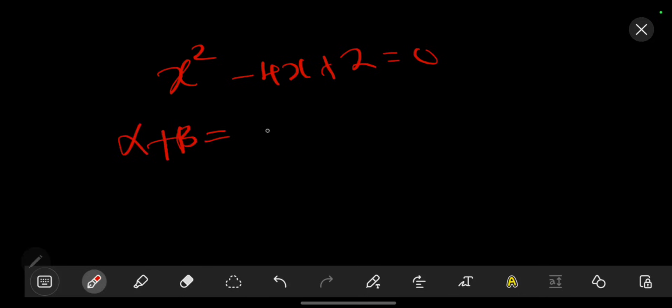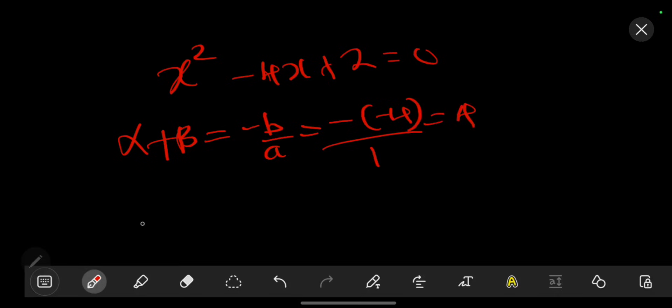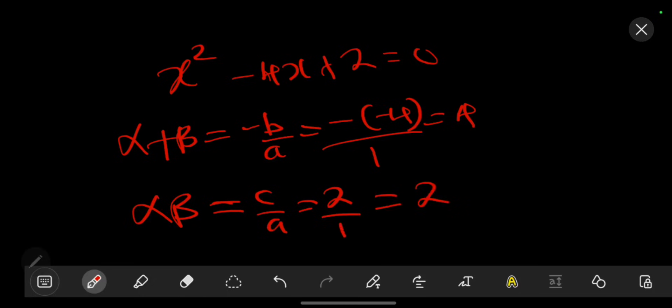We have found alpha plus beta is equal to negative b over a, which is equal to negative, b is negative 4, over a, which is 1. So our sum is 4. Then alpha beta should be equal to c over a, which is 2 over 1. We found it to be 2. So we have a 4 and a 2 like that.